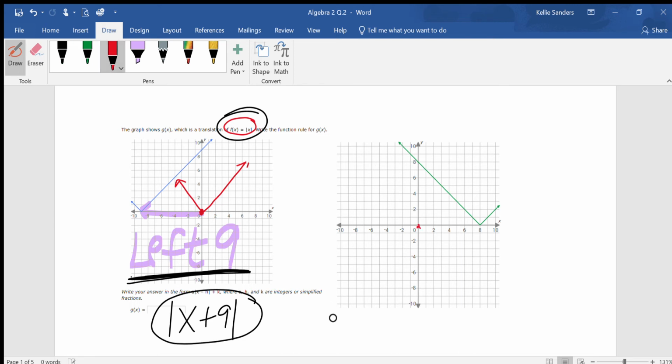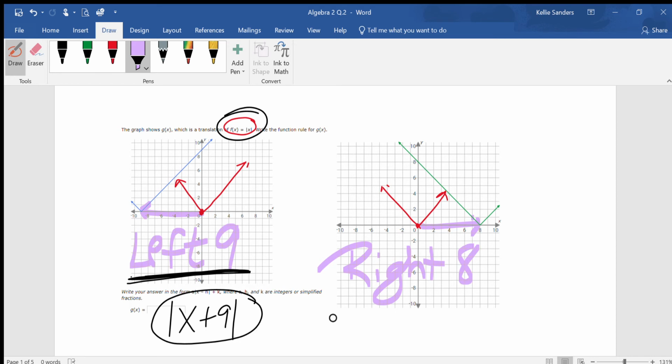Same thing with this one. If this is our original, what happened? We shifted this way. We went to the right 8. So if we went to the right 8, what would our new equation look like?